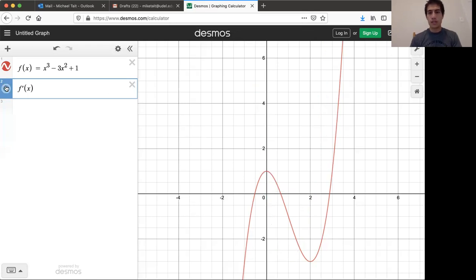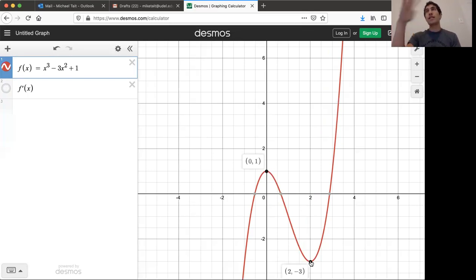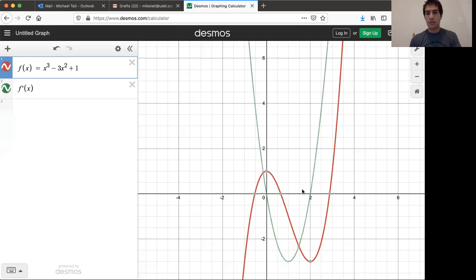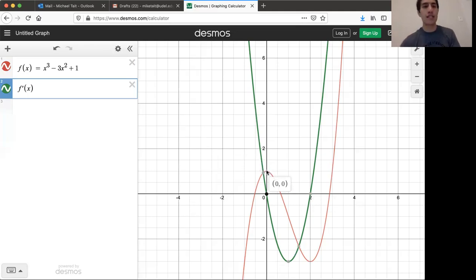So let's mute this for a second. On the red function, where is the tangent line going to be horizontal? Well, it's sort of right here, and right here. It's where it shifts from increasing to decreasing, right? And so if we look at the derivative again, that's exactly what happens. The roots of the derivative are at 0 and 2, right where the original function changes from increasing to decreasing or decreasing to increasing.